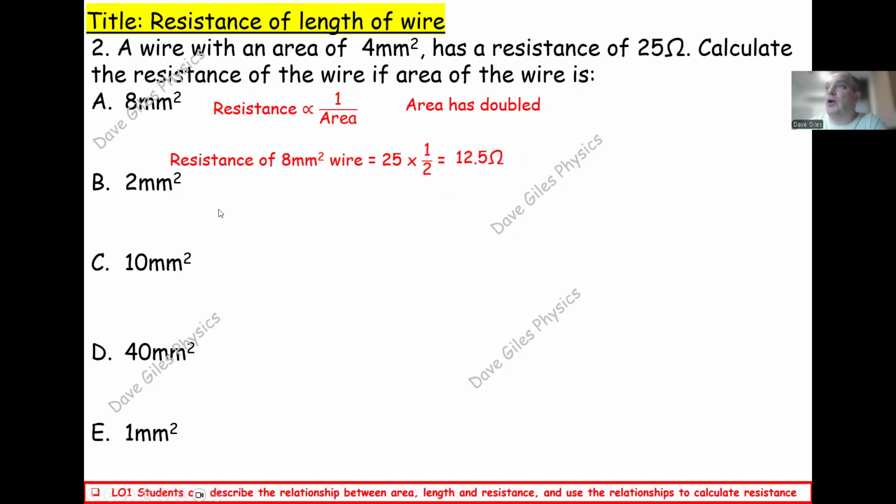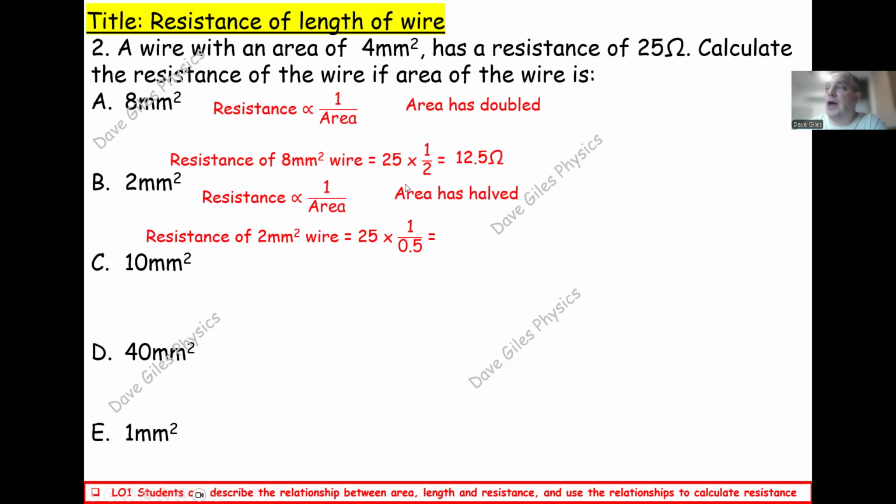So it's 12.5 ohms. Likewise, here, I've now halved the area. So resistance is now 25 times 1 over a half, so it's 50 ohms. So I've now doubled the resistance. Pause it, have a go at the other two yourself. Okay, and I'll put the answer on now.